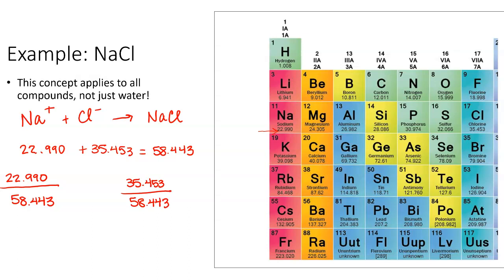So if we divide these out, we would find that sodium makes up 39.3% of the mass of a sample of table salt, and chloride makes up 60.7%, which makes sense if you're comparing 35 to 22 out of 58. It makes sense that you're going to get about 60% for chlorine and about 40% for sodium.